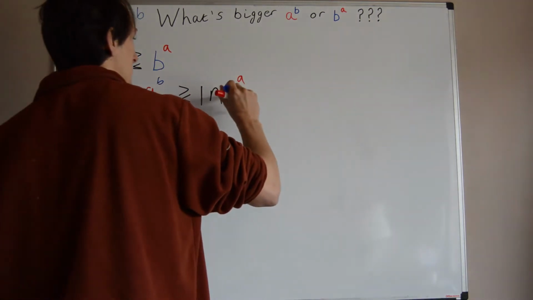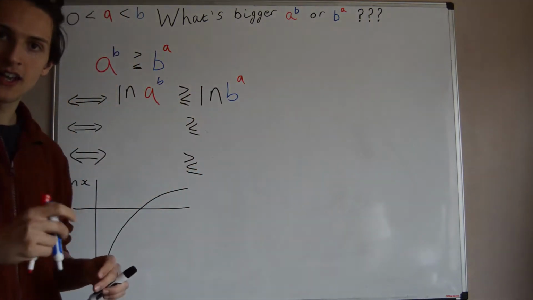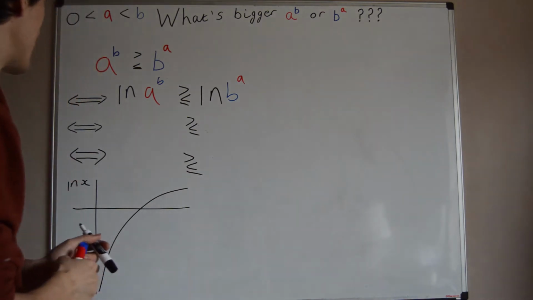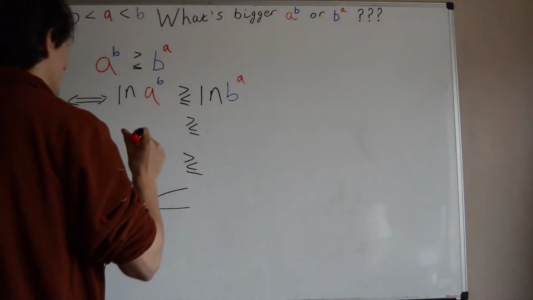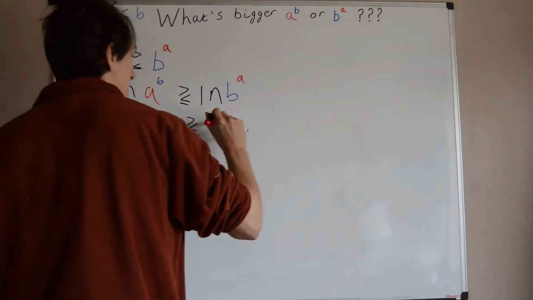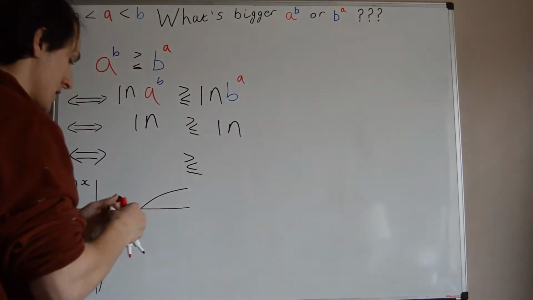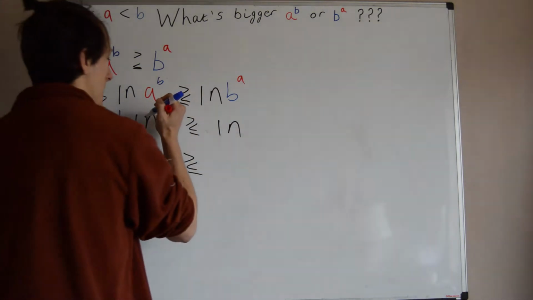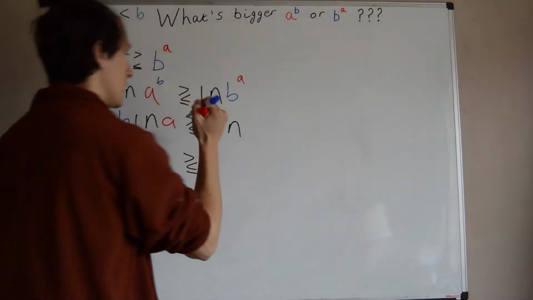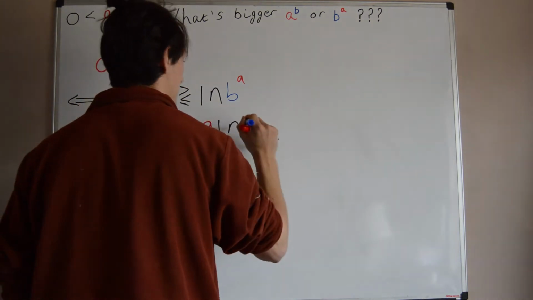and here we have a to the b and b to the a. That's why we introduced the logarithm in the first place, so we can bring down those powers. So now I still have the natural logarithm, but I can bring down that b, and I can bring down the a on the right hand side.